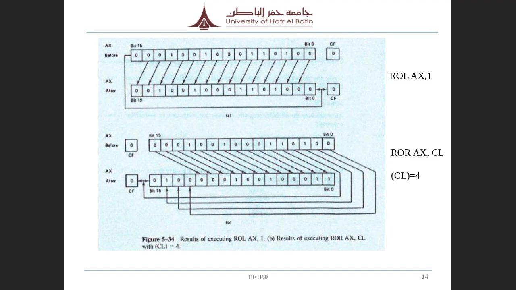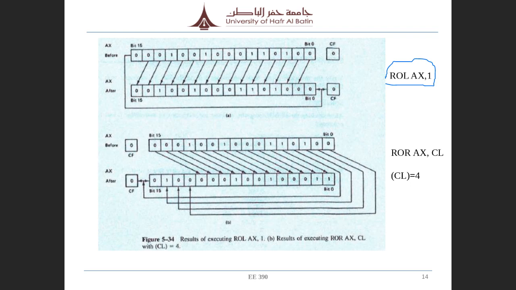It is a kind of shifting, but not fully the same. For example, rotation left, AX comma 1. What does it mean? Left means we start from the LSB. The bits will move left by one, and this 0 is out now.